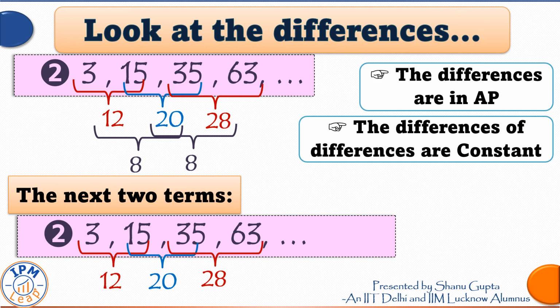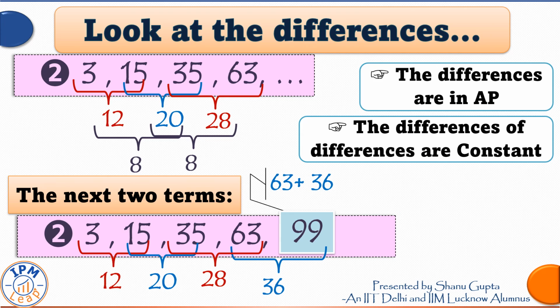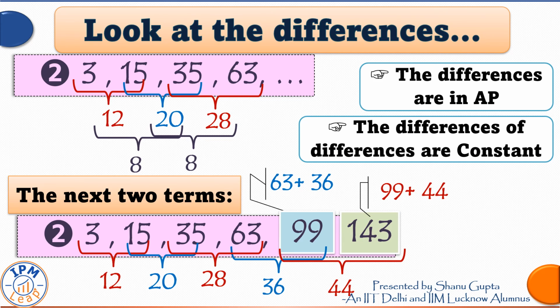After 28, we will have 28 plus 8, that is 36. Therefore, next term will be 63 plus 36, which calculates to 99. And after 36, we will have 36 plus 8, that is 44. The next term after 99 will be 99 plus this difference, which is 44. And this will turn out to be equal to 143.